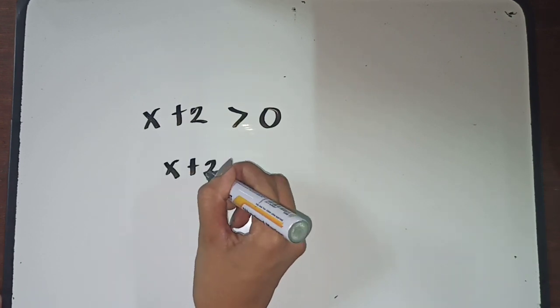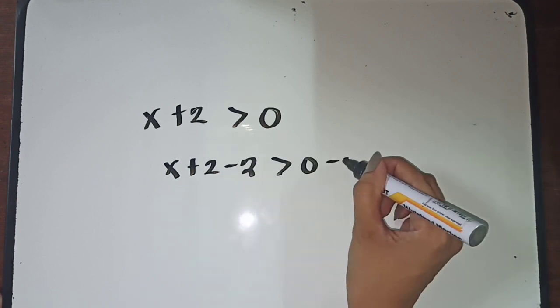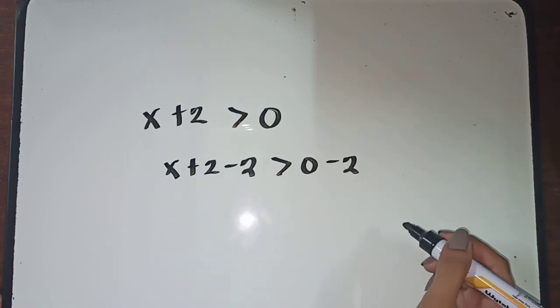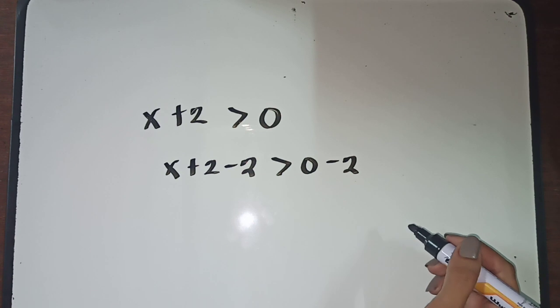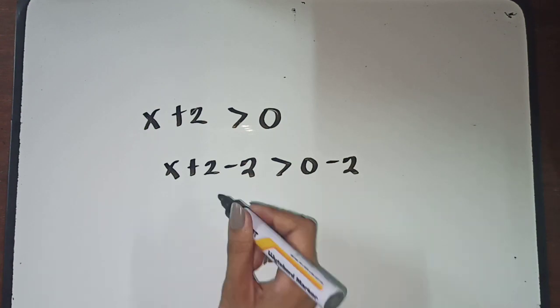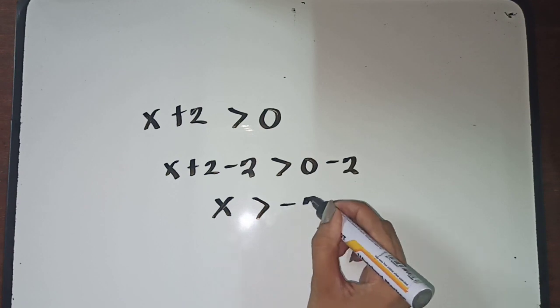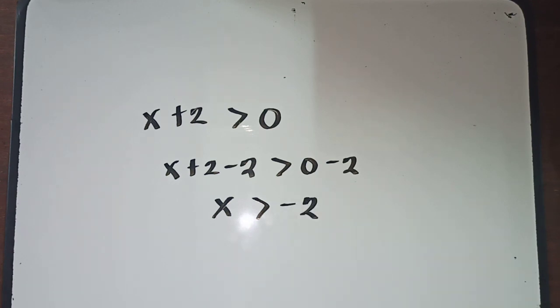So, x plus 2, then minus 2 is greater than 0 minus 2. So, kapag nag-subtract ka lang or nag-add ka lang ng any real number, both sides, yung inequality mo ay hindi magbabago. So, kung greater than yan, greater than pa rin yan. Okay, so that is the first rule.